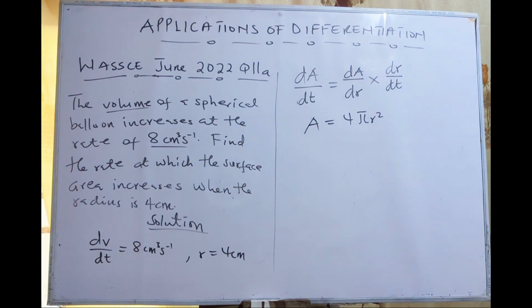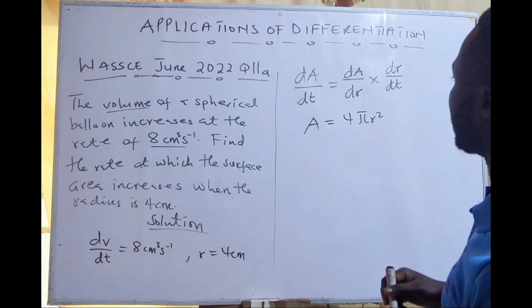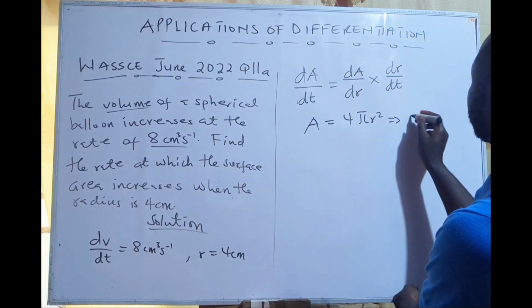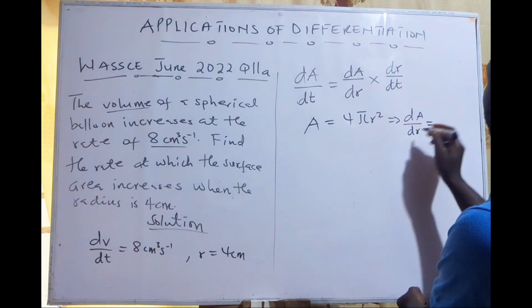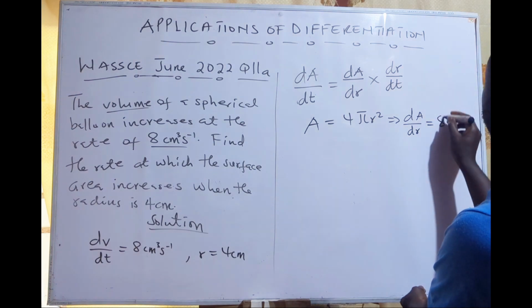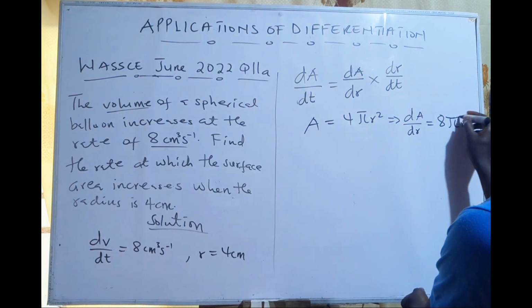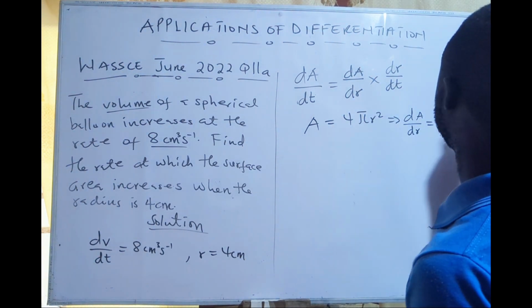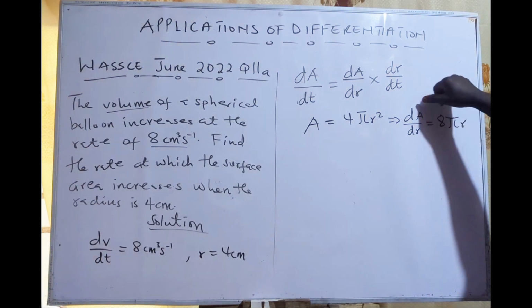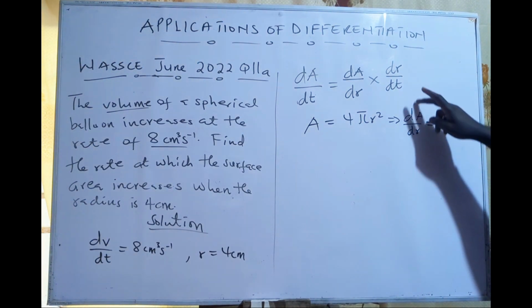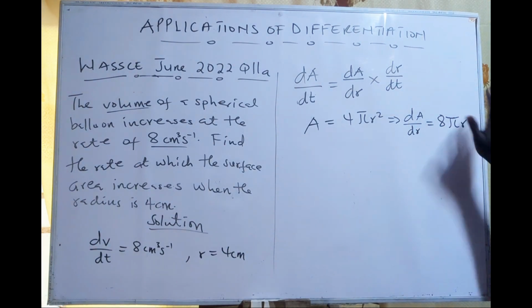Then I can find dA/dr. So what will be my dA/dr? That will be 8 pi r, since 2 times 4 is 8, and the power is 2 minus 1. So 8 pi r.